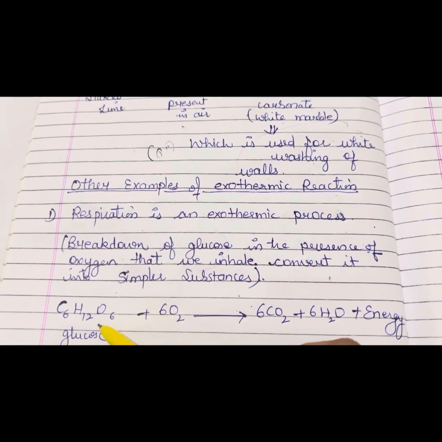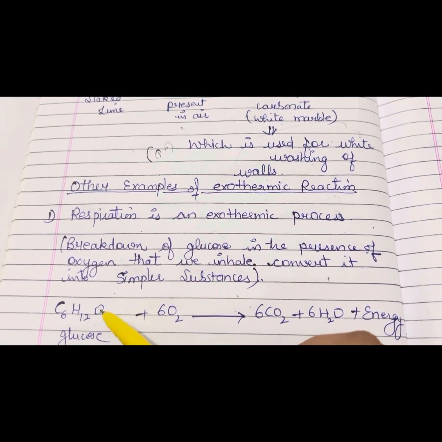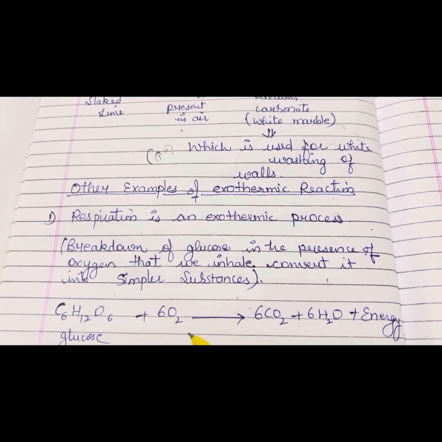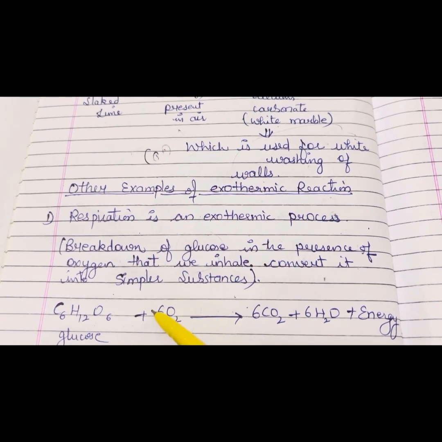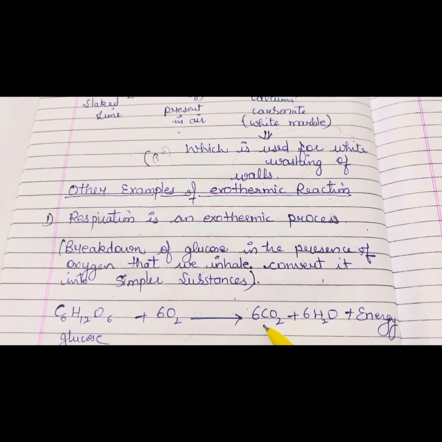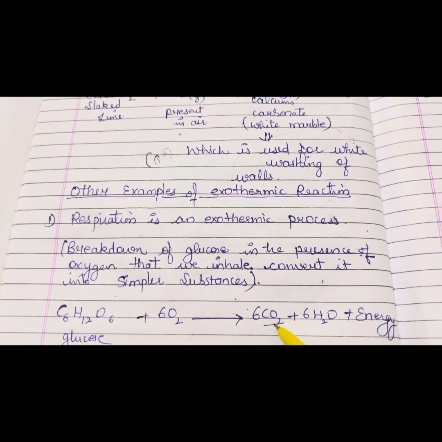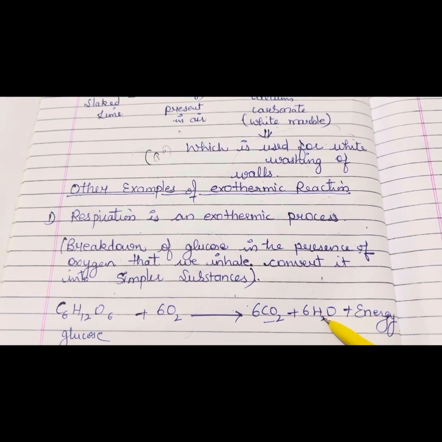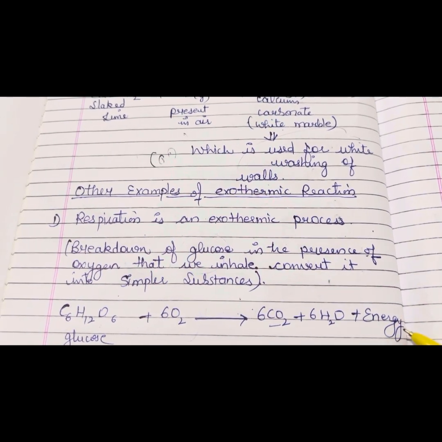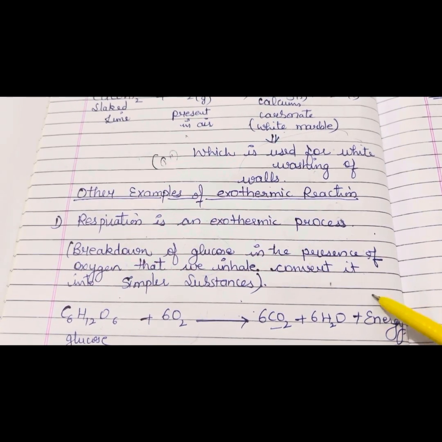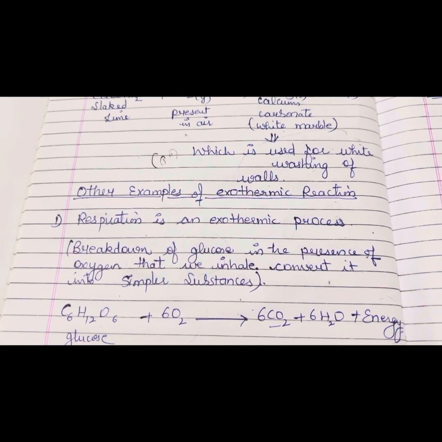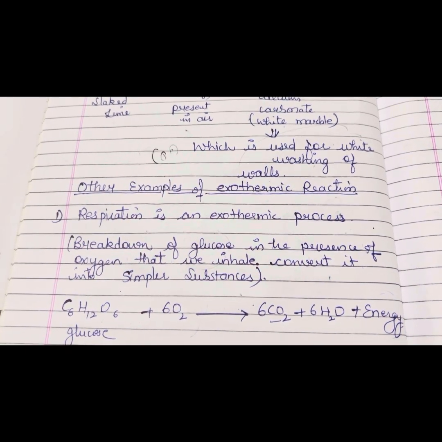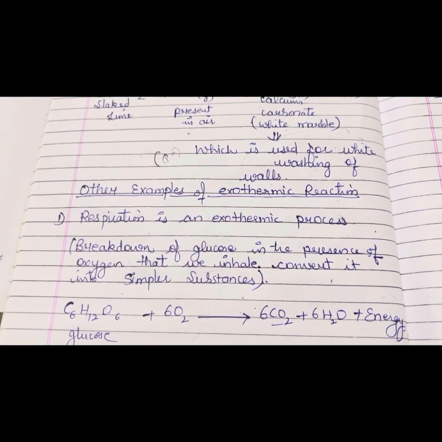You know that glucose, having formula C6H12O6, when it reacts with the oxygen that we inhale, will form carbon dioxide that we are exhaling, along with water content that is present in our body, along with the energy. That means in this reaction energy is released. So this type of reaction is known as exothermic reaction.